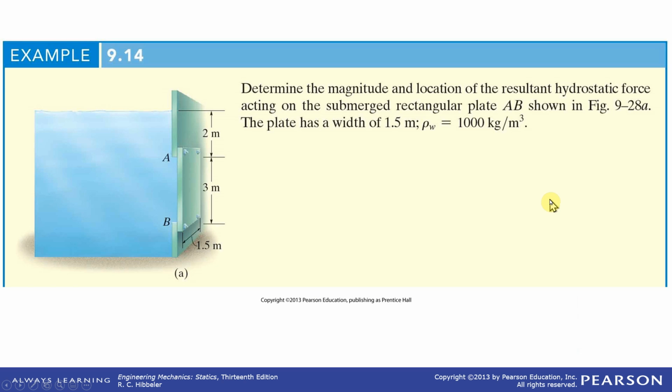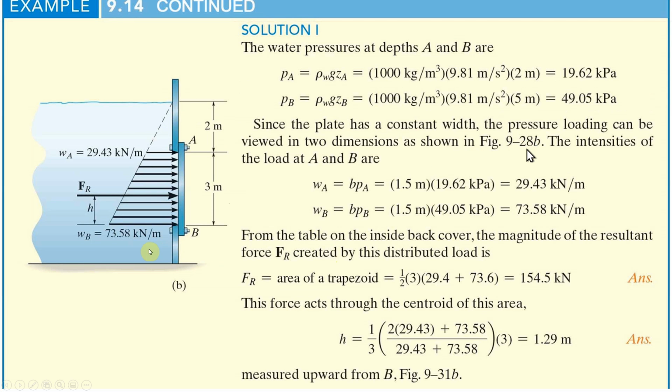Okay. And this one, here we have a 3 meter by 1.5 meter triangular plate, bolted onto the side of a wall, and it's standing off the hydrostatic pressure. Okay, here's all the information you need. So we have a loading curve.